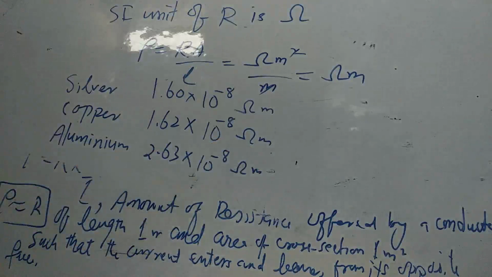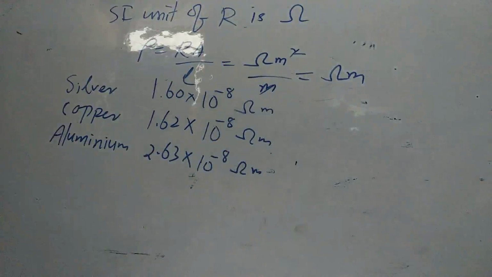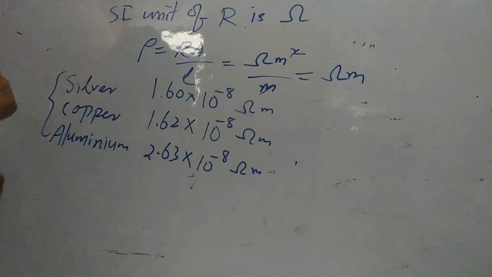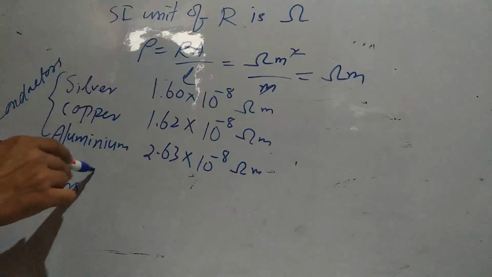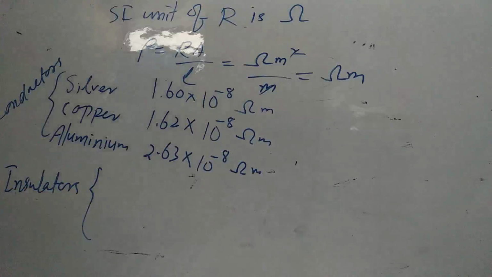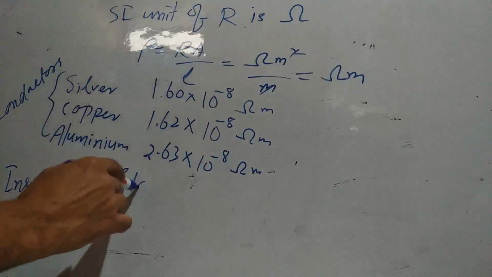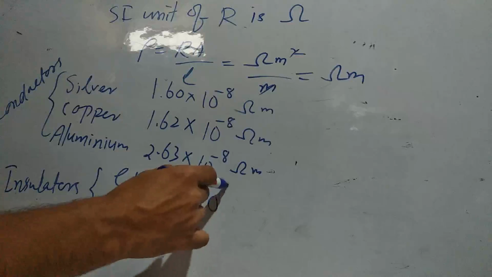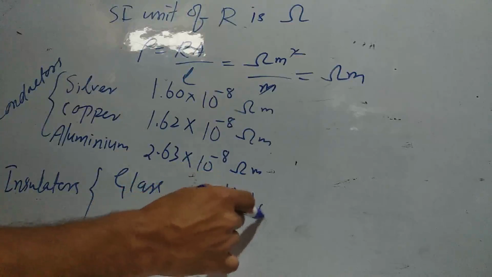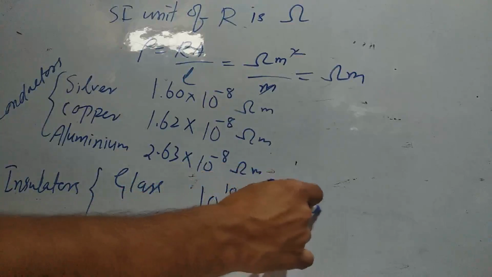These are conductors. If we talk about insulators, an insulator like glass has a resistivity of about 10¹⁰ to 10¹⁴ ohm meter.